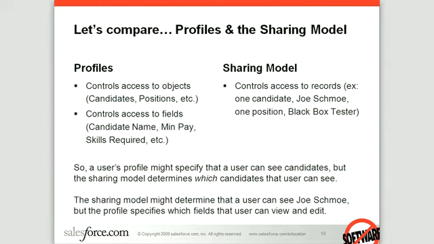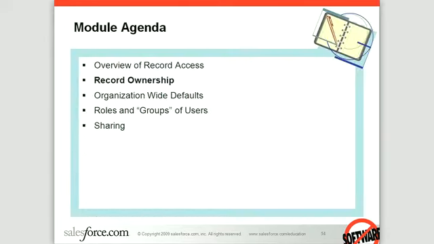I like to rephrase this and say, a user's profile might specify that a user has the potential to see candidates, okay? But the sharing model determines which candidates that user can see, okay? All right. Any questions about that?